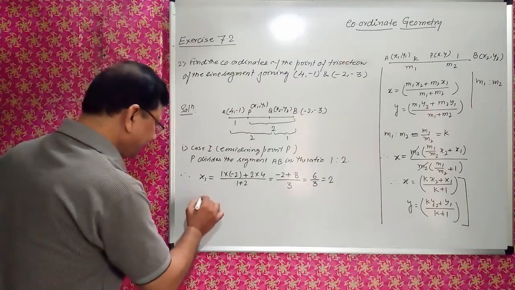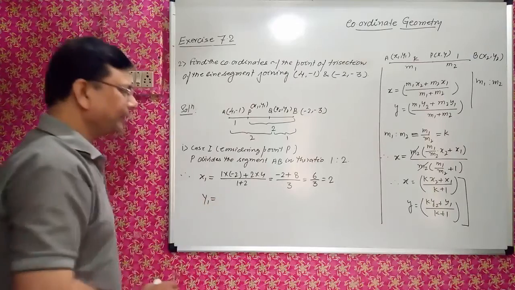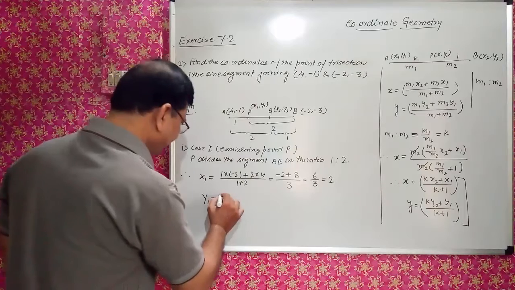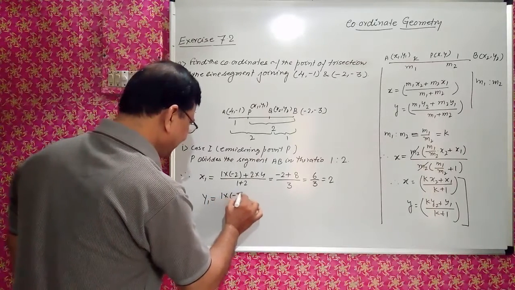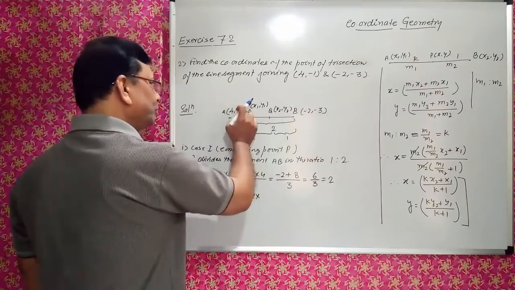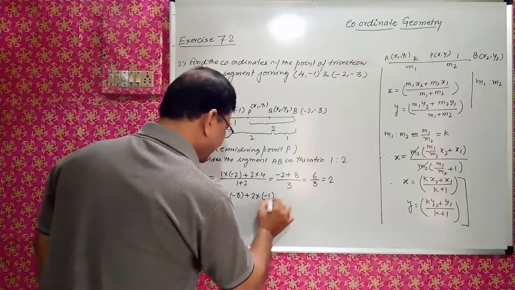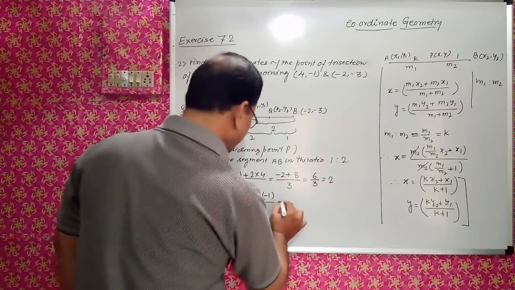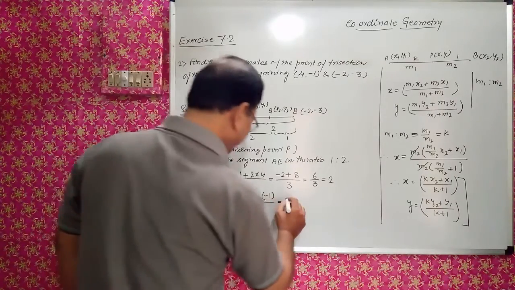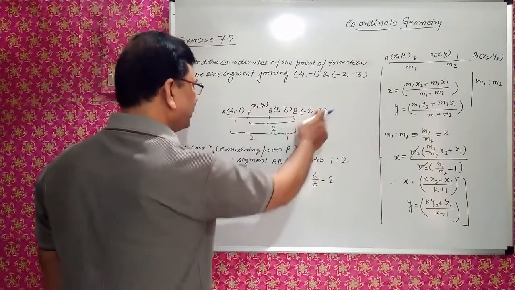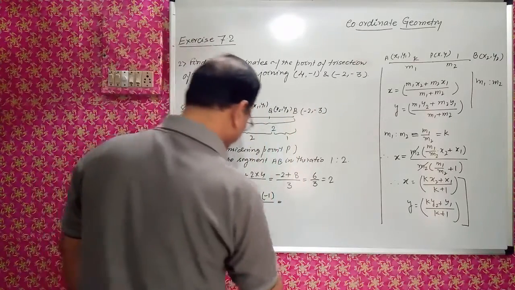Right? Similarly, we will find y1 in the same manner: 1 into minus 3 plus 2 into minus 1, upon 1 plus 2. That is equal to how much? 1 into minus 3 is minus 3, 2 into minus 1 is minus 2.